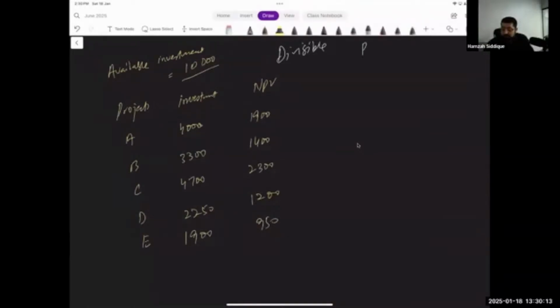Now, the profitability index is equal to NPV over investment.